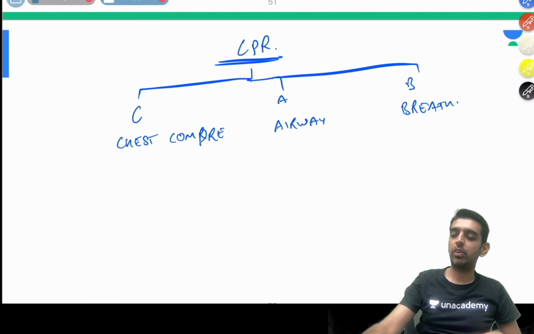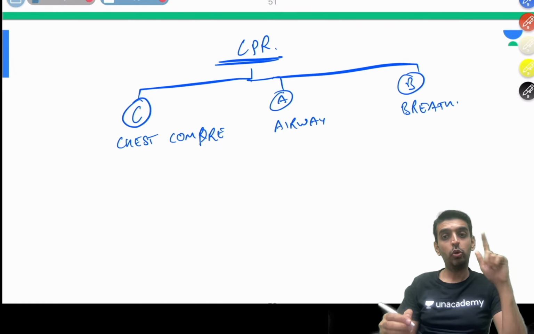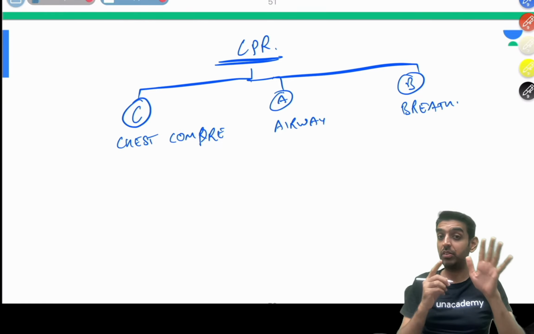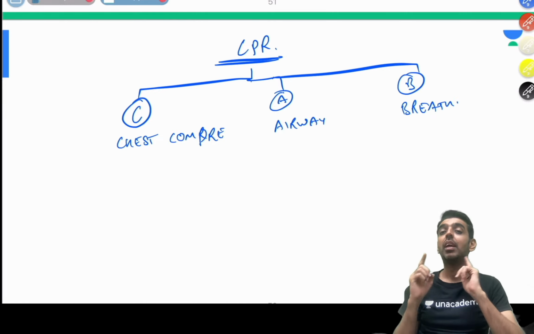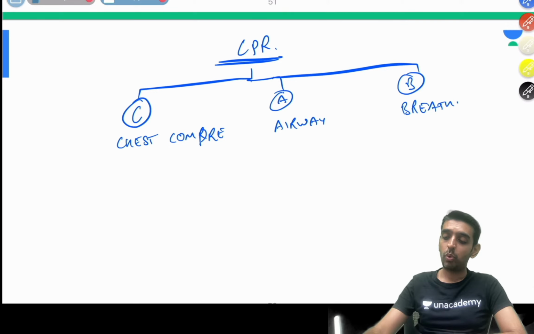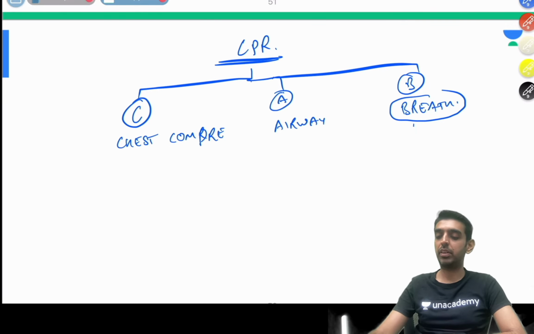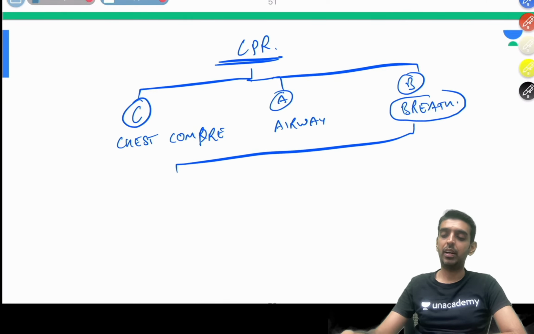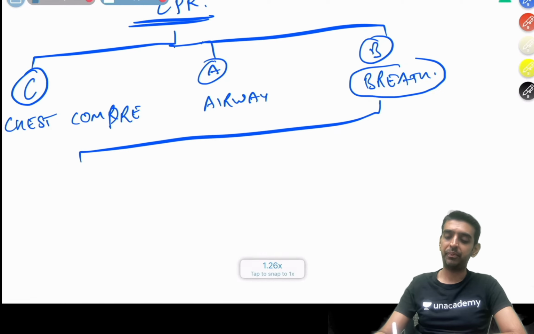So the three things for CPR that we need to know: it is CAB, that is chest compression to be started first. We know the depth of chest compressions, and the rate, 100 to 120 per minute. Then we maintain and manage the airway, and then comes breath. So what is the breath that we have to give to a patient?